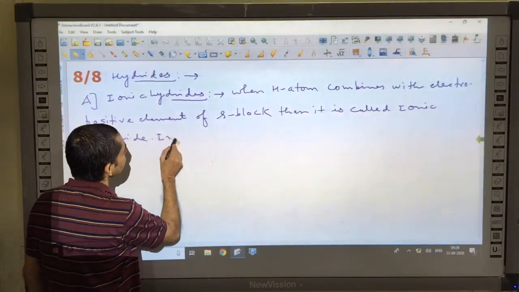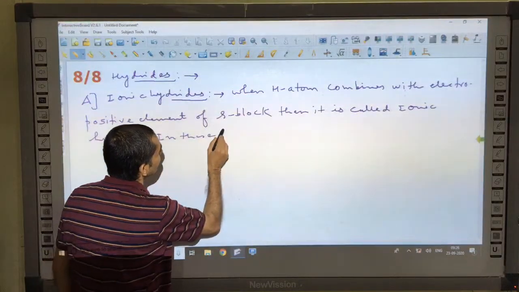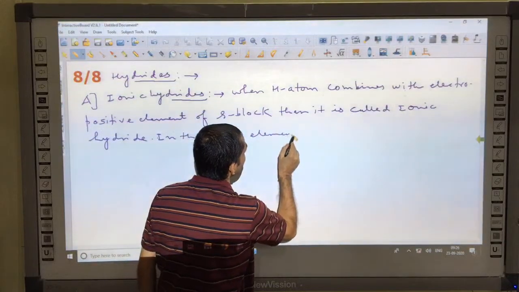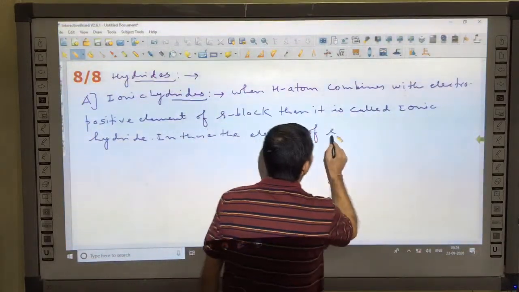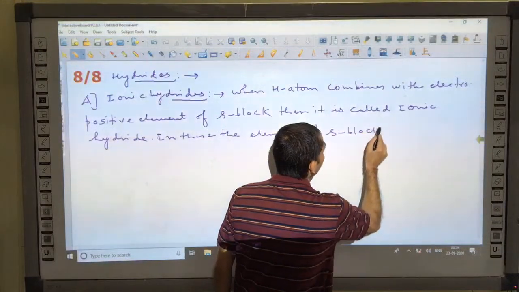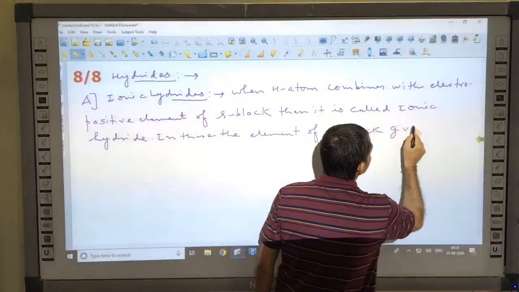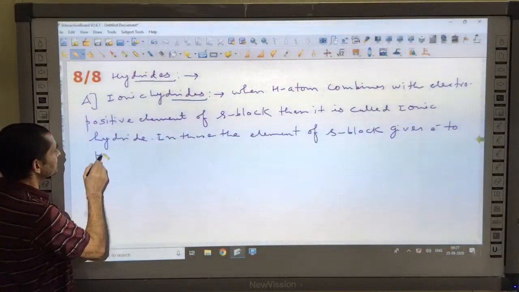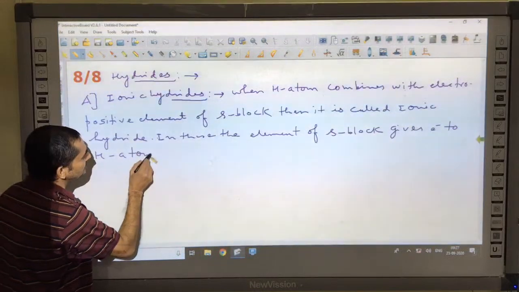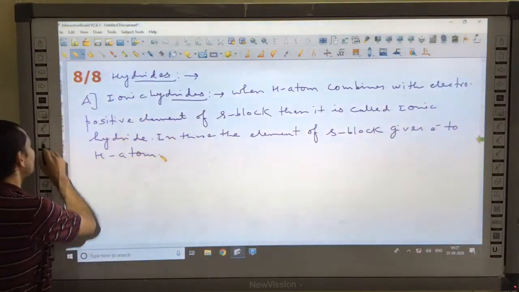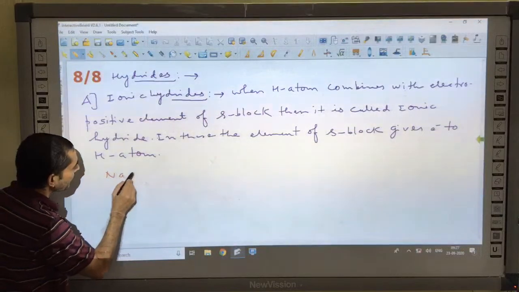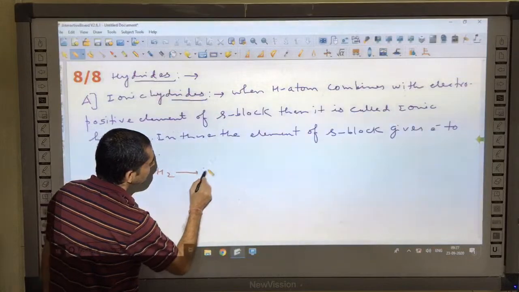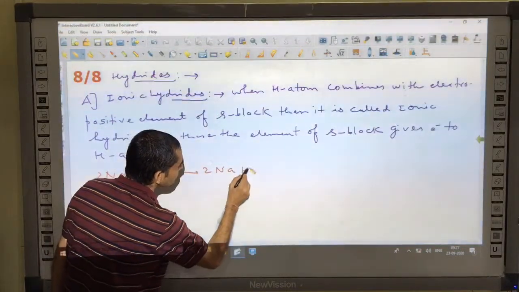The elements of S block give electrons to the hydrogen atom. Clear? Let us see the reaction of some hydrides. Sodium reacts with hydrogen, forming the ionic hydride 2NaH.